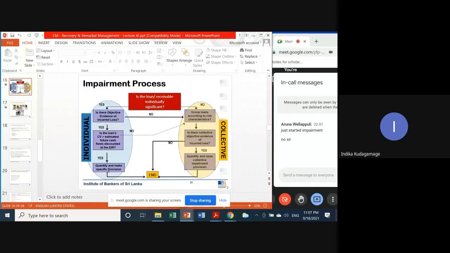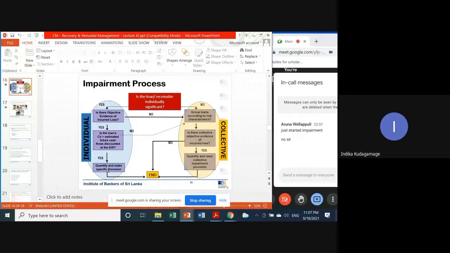Specific level, objective evidence checking, then cash flow projection, discounting using the facility interest rate. If a facility was rescheduled, you use the original interest rate of that rescheduled facility.